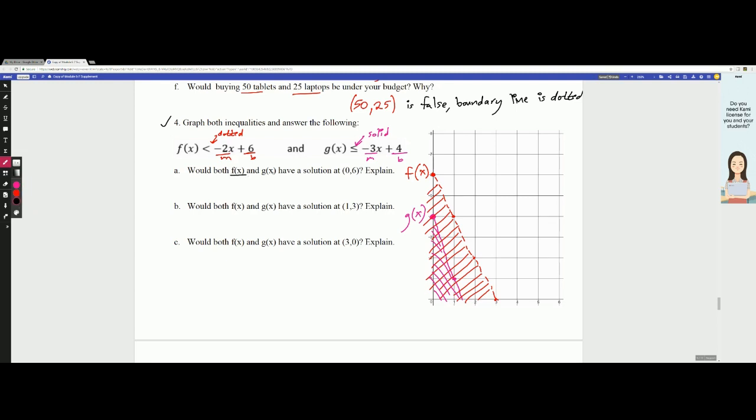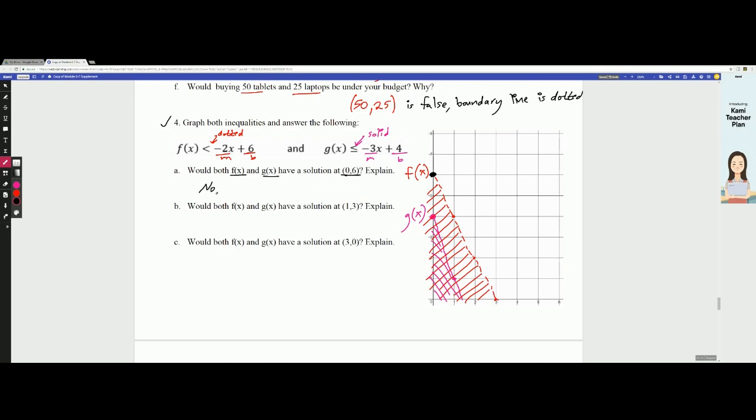Would both f of x and g of x have a solution of 0, 6? So if we use the graph, 0, 6 would be right here. It's actually on the boundary line of f of x, but it's dotted. So no, and it's nowhere near g of x.